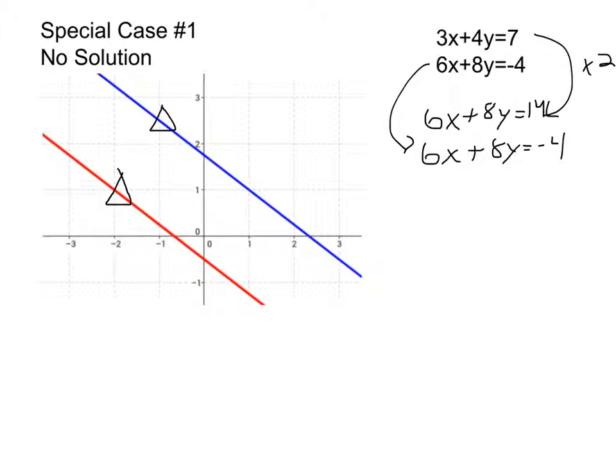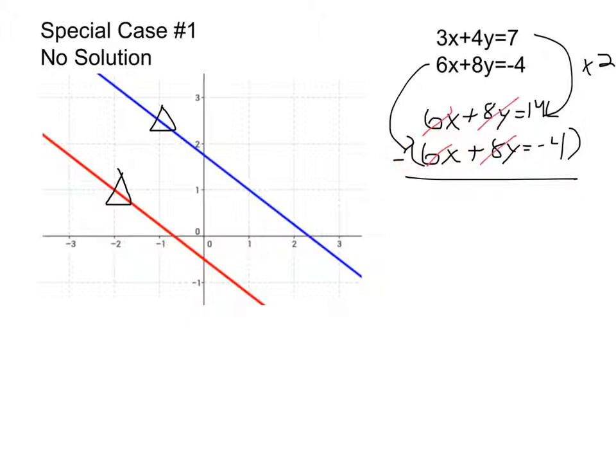Now, this is not necessarily something that I would have expected, but I actually have created a situation where both my x's and my y's are like terms that are identical. So because they're the same, I'm going to subtract, and by design, 6x minus 6x will cancel out. And then, as I mentioned, this unexpected occurrence, 8y minus 8y also cancels out.